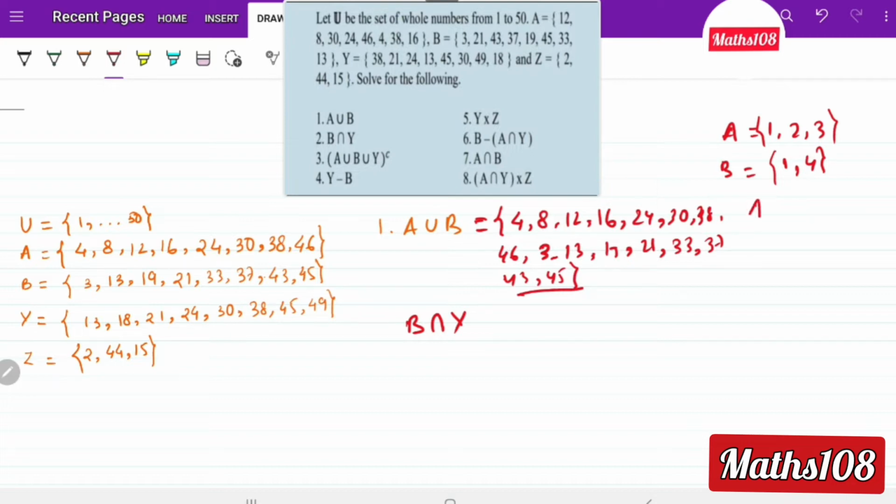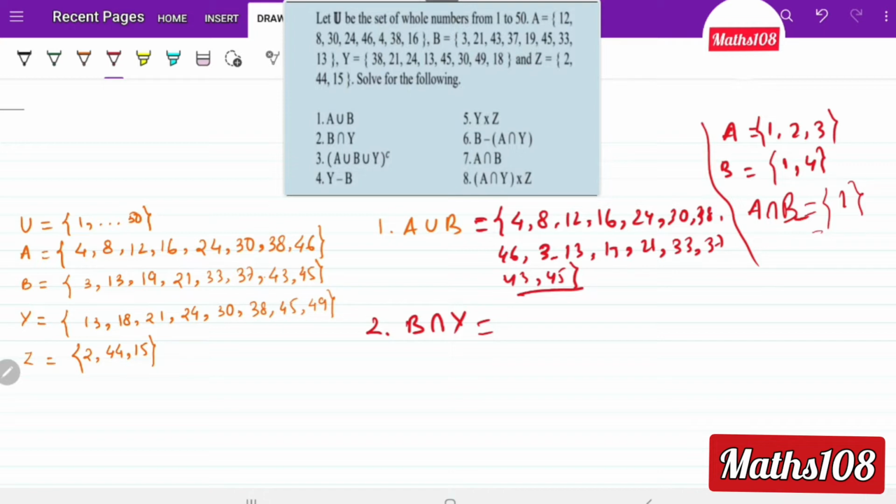So for A intersection B, only one is common between A and B, so we need to write only one. Likewise, we need to check, is there any common element between B and Y, and we need to write only the common elements.